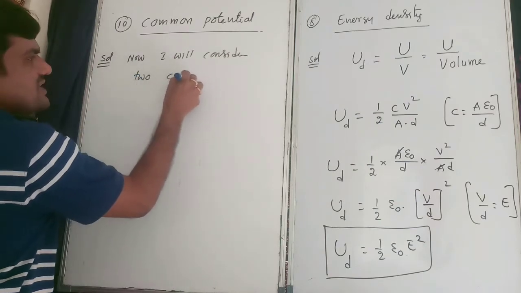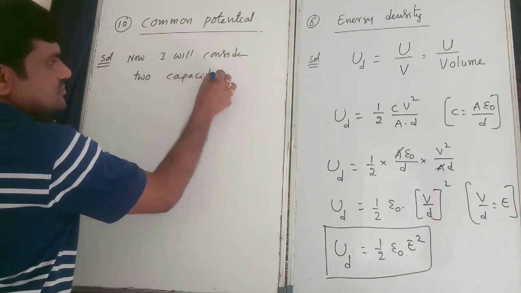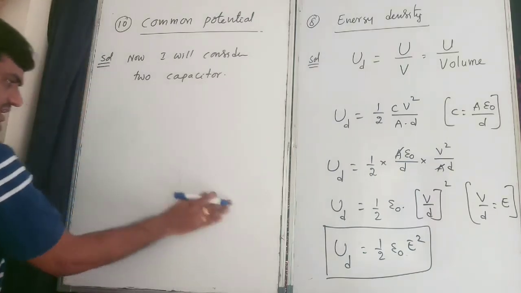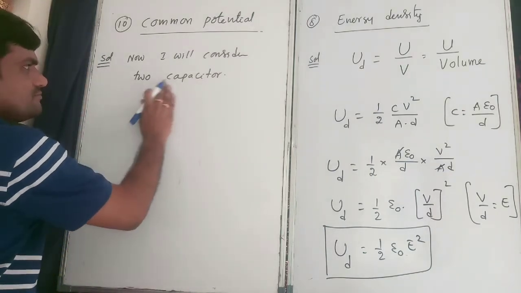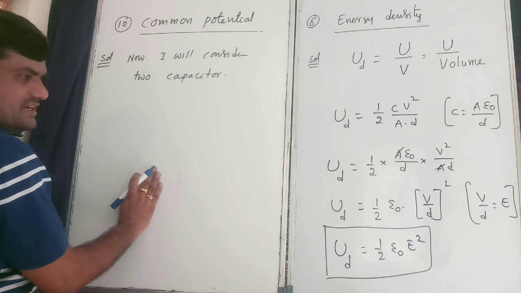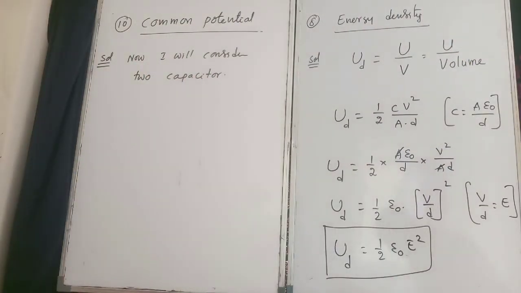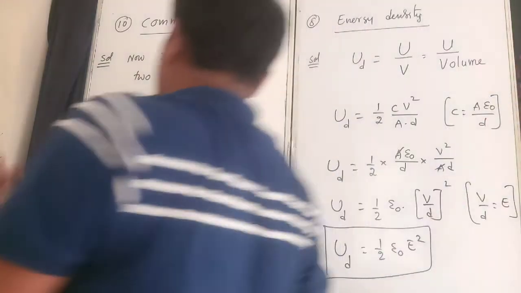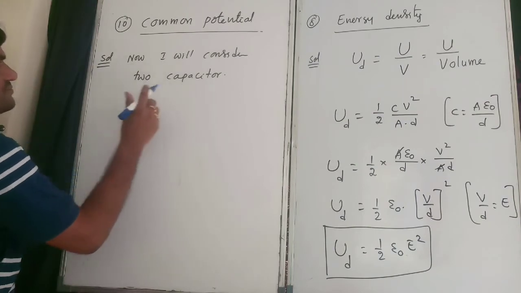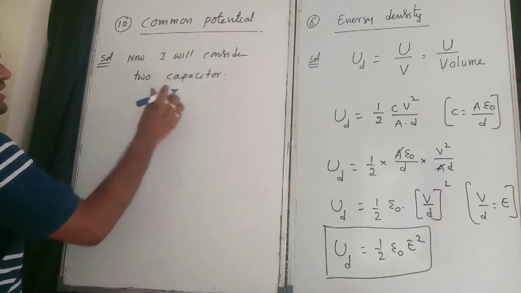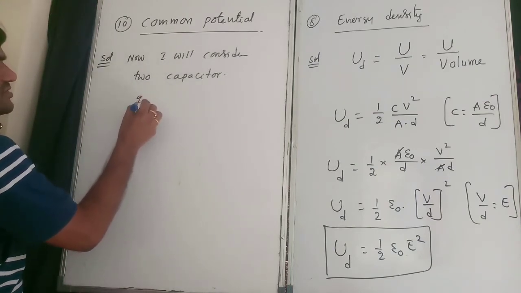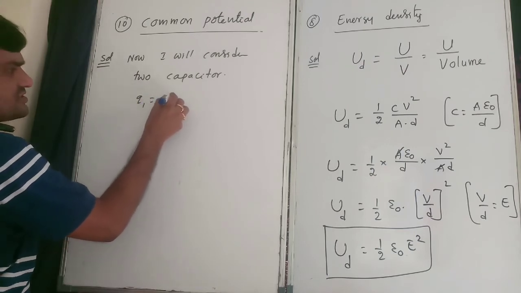So now I will consider two capacitors. First capacitor charge Q1 is equal to C1 V1.